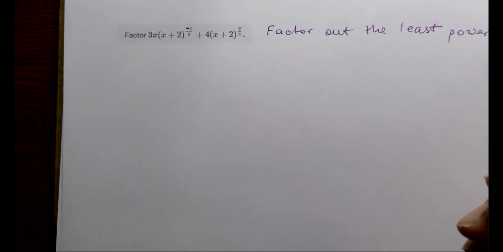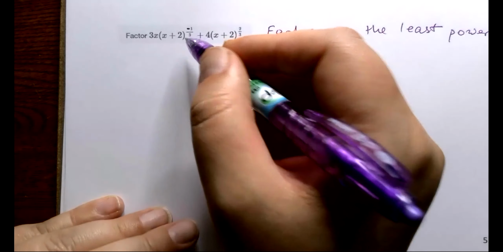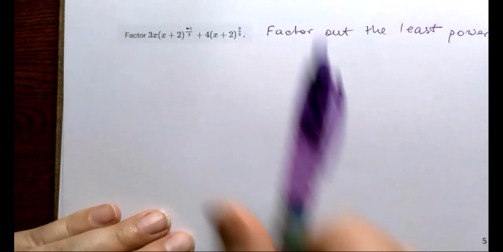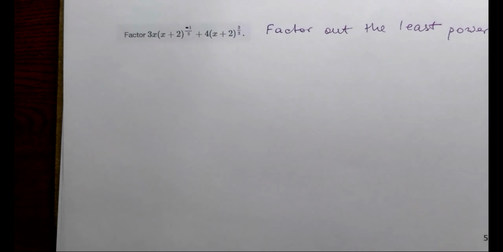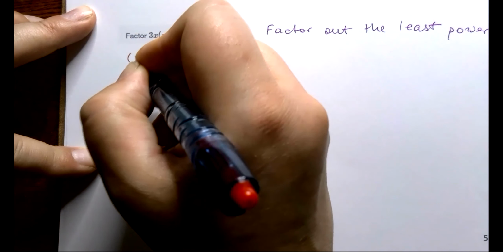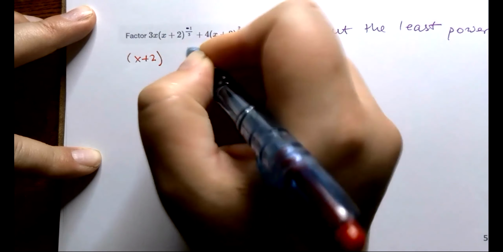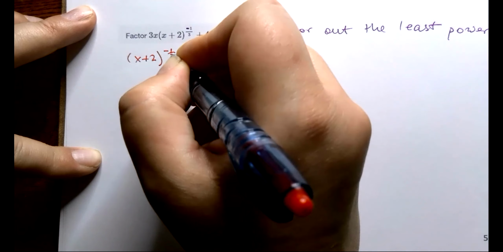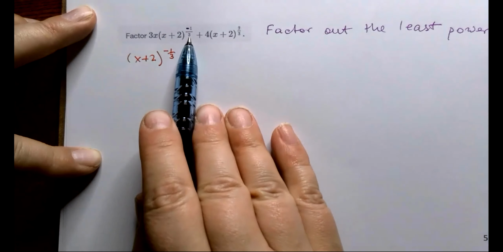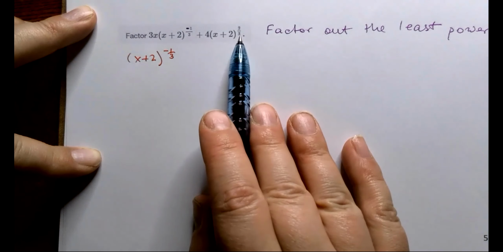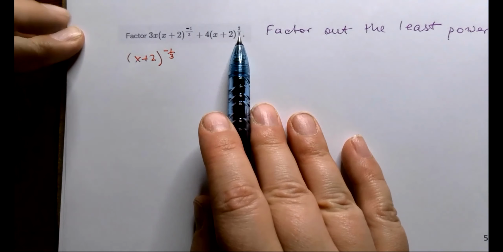Let's do it. So what are we pulling out? We're pulling out (x plus 2) to the power negative 1/3, because this power is smaller than the power of 2/3.